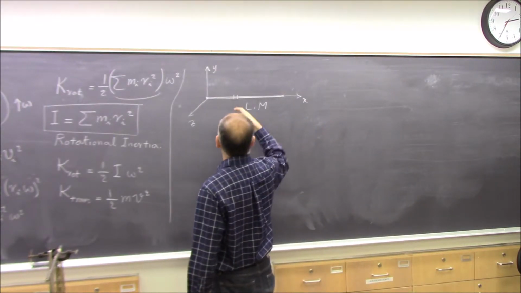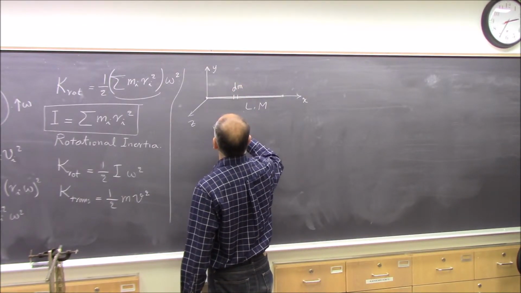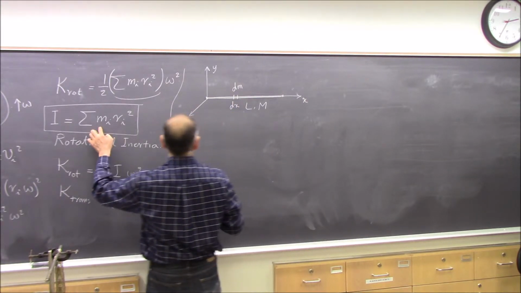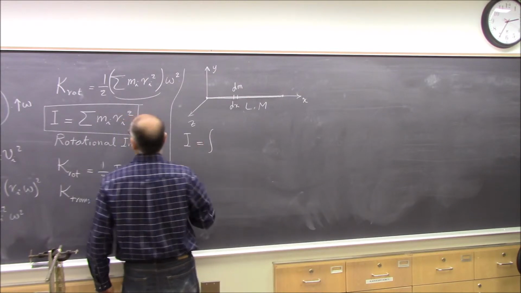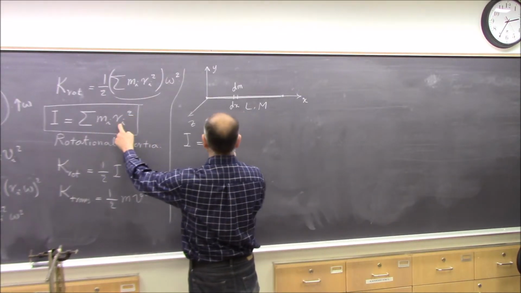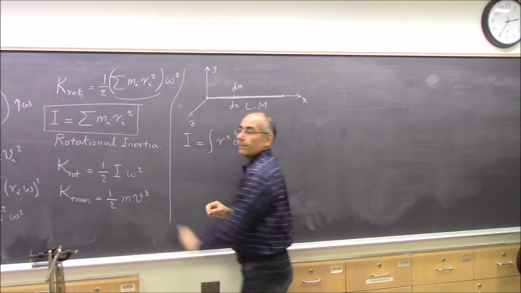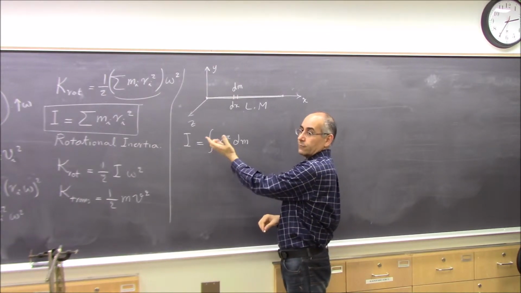So this has the mass dm and also length dx. And instead of this formula, I can write I equal to the integral, because summation is like integral, of r squared dm, which is the mass times the distance to the axis squared.